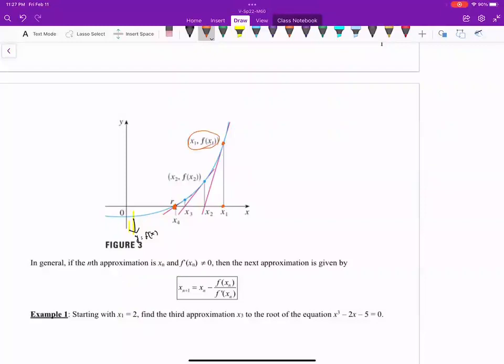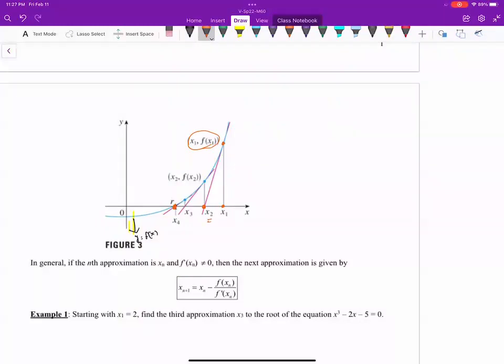Then you draw the tangent line to the curve, and it meets the x-axis at x2. Can we find the value of x2? Yes, because we can find the equation of the tangent line at (x1, f(x1)) to the curve, and we can see where it crosses the x-axis by setting the y value equal to 0.